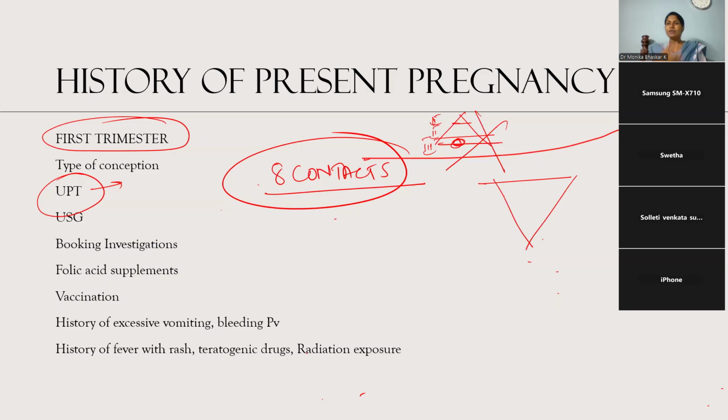So why is this very important? They give more importance to first trimester screening and first trimester booking. Why? Because in the first trimester, we are able to do the booking investigations. We are able to screen for preeclampsia. We are able to screen for gestational diabetes mellitus. We are able to screen for aneuploidies. We will screen for anemia.